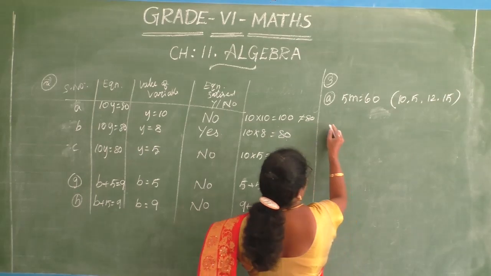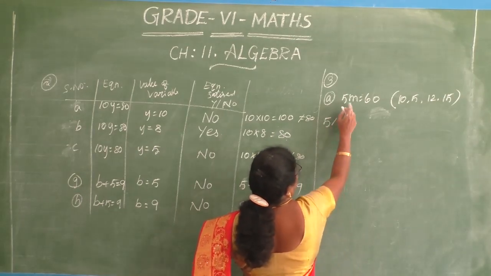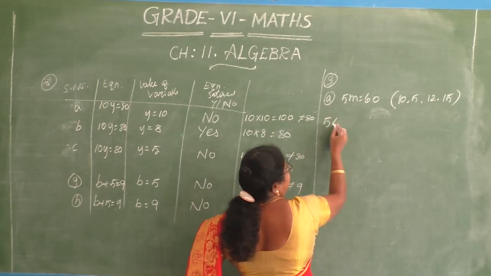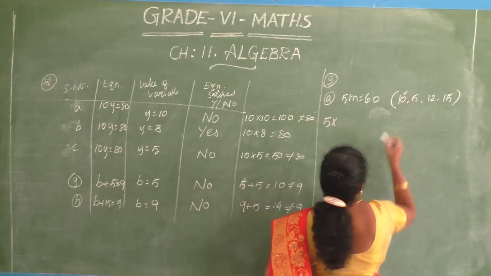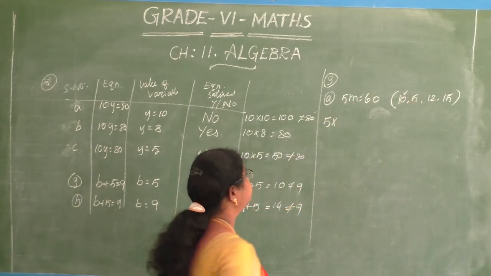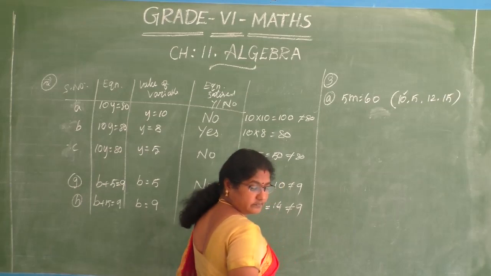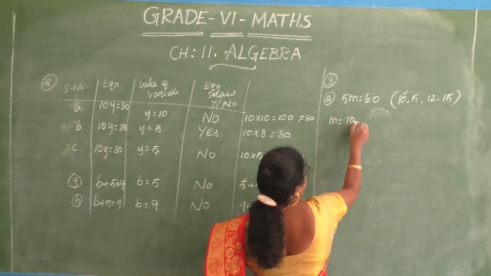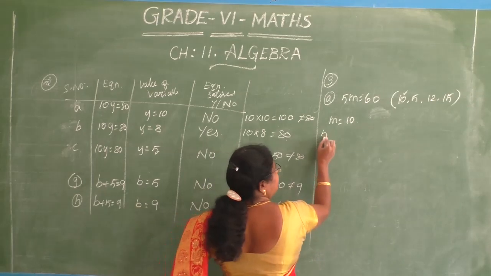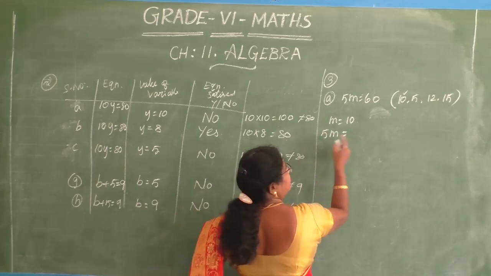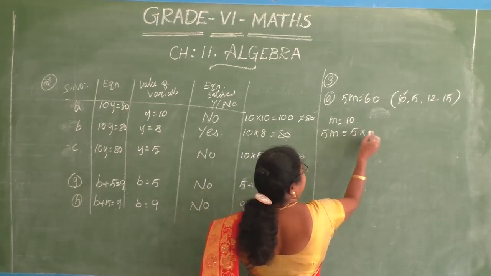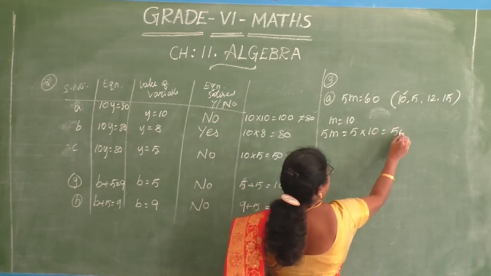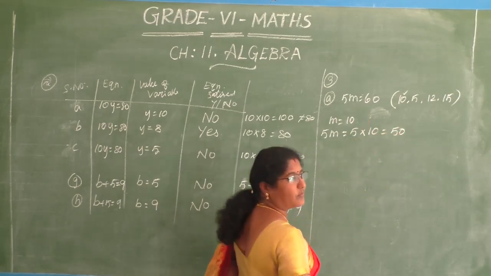First, 5m means 5 into m value, we have to substitute 10. So first we take m equal to 10. 5m equal to 5 into, instead of m, 10, which is equal to 50. Is it equal?